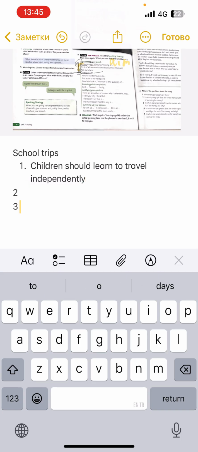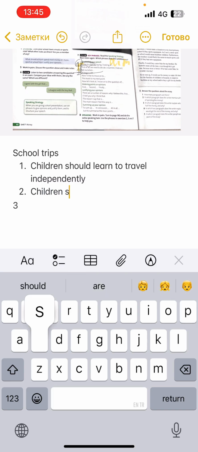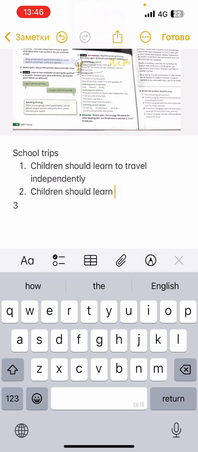The second one is children should learn not only theory but practice.